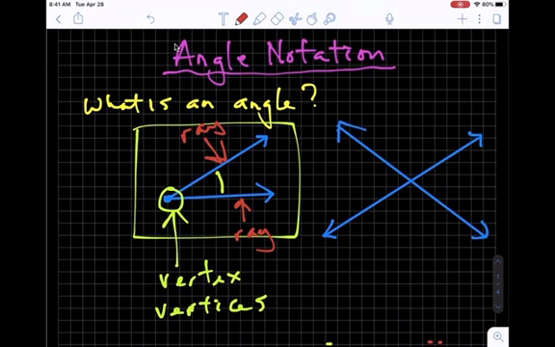If we go over to this other picture right over here, we've got a lot of different things going on here. You could look at it and say, there's an angle here, there's an angle here, there's another angle here. We'll be doing something in a little while to show us that these two angles are equal to each other, but that's another lesson. And then we've got an angle here.